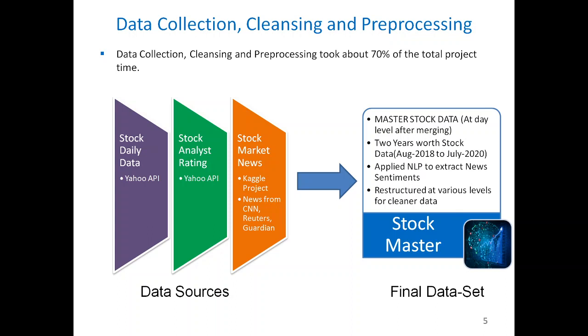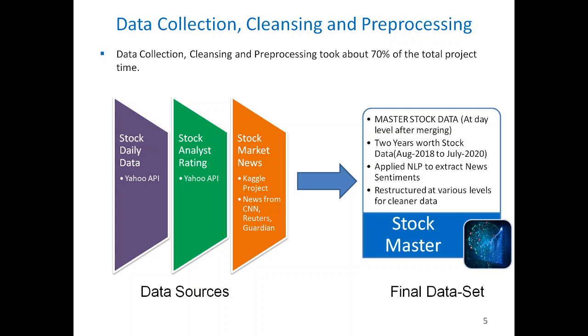There are some free ones and some paid ones. So I chose the Yahoo API, which suited me the most in this project. The daily stock data is coming from the Yahoo API. The stock analyst rating and recommendations are also coming from the Yahoo API.